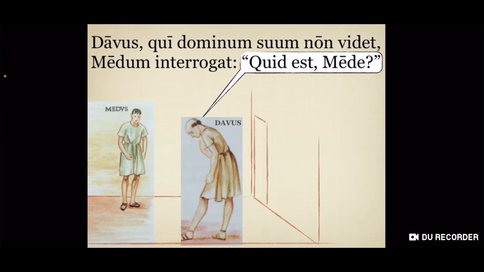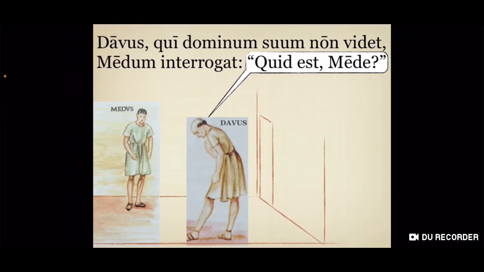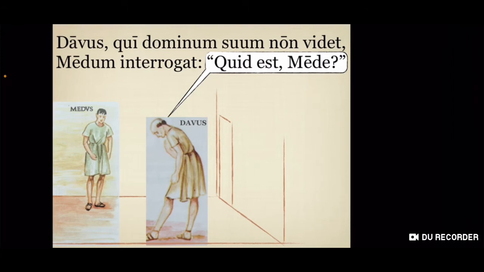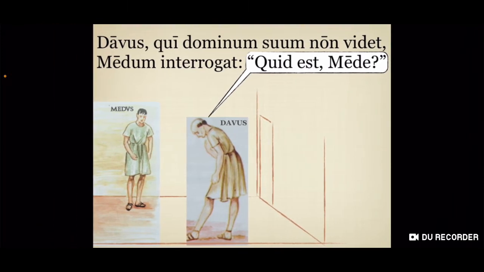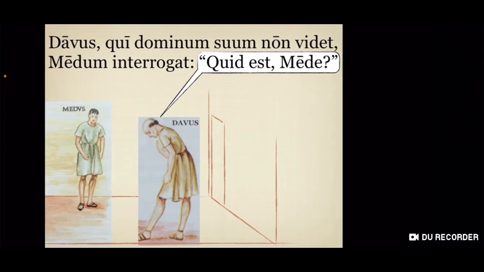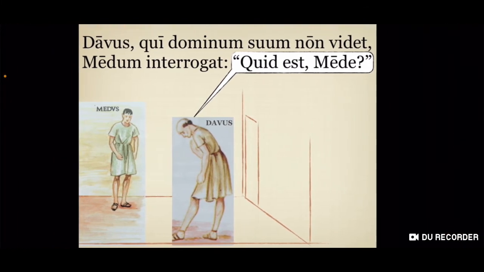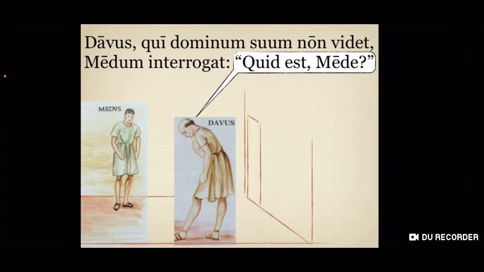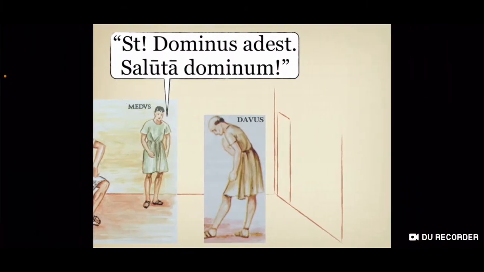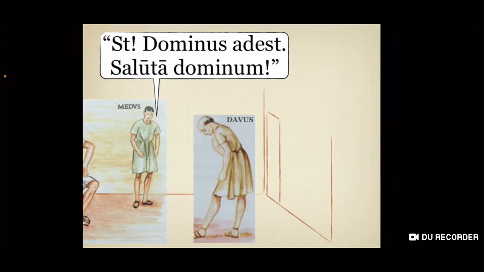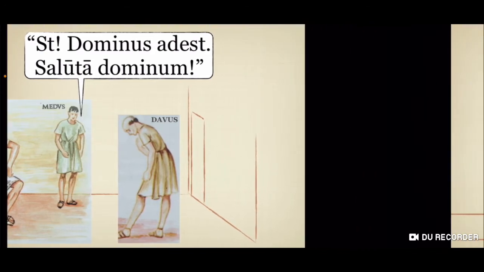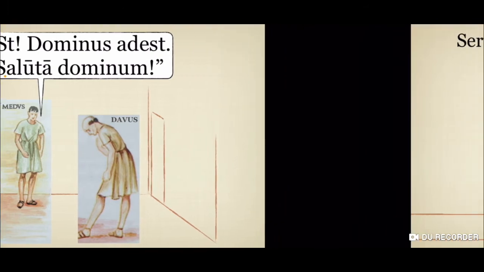Davus, who does not see his master, Medum interrogat, quid est Medi? So he asks him, what's up, Medus? But he didn't see his master in the room. Medus is telling him to shut up. You see the master in there? Master's here. Salute him.